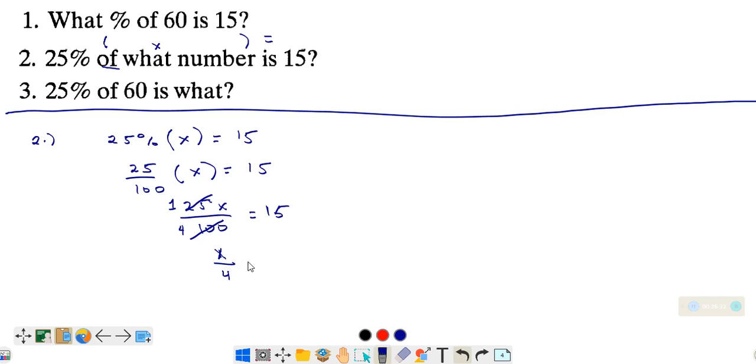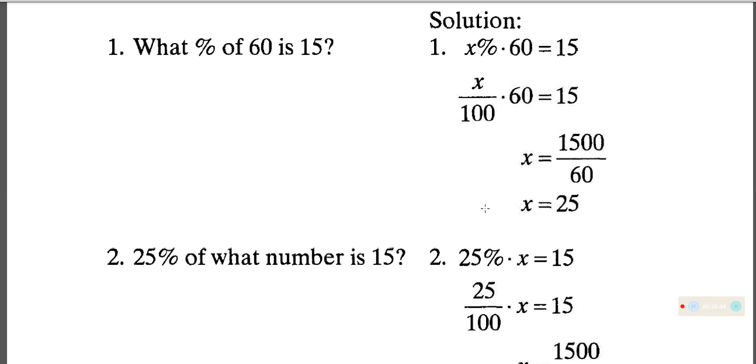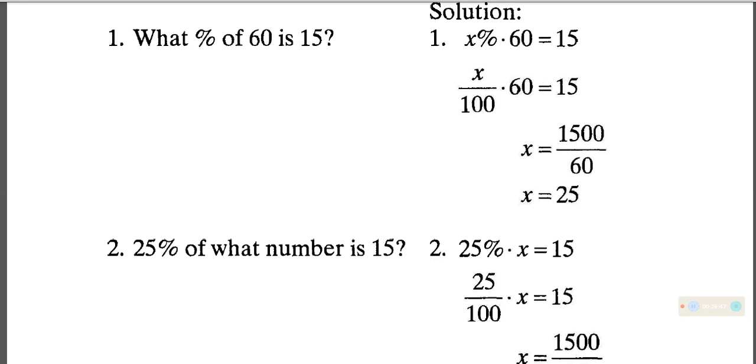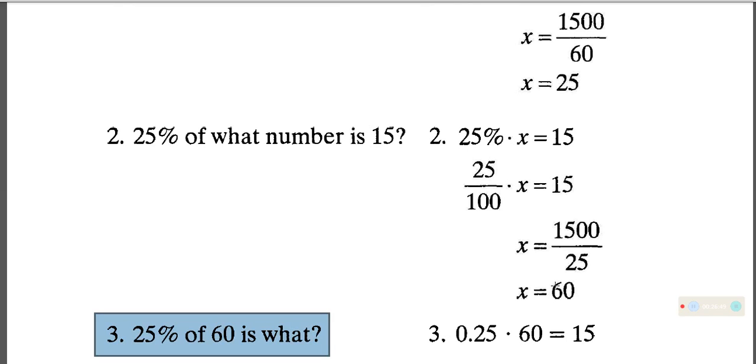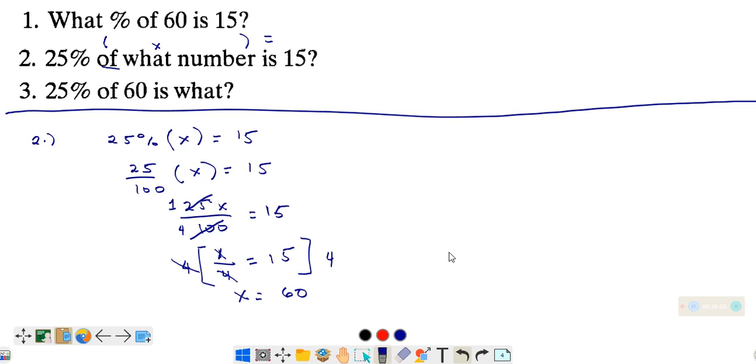So, kung ako yung magsasagot nito, diretso, ilo-lowest term ko na siya. So, ito ay 1 na lang, tapos ito ay 4. Pwede mo siya isulat as x over 4 or 1/4 x is equal to 15. Multiply both sides by 4. X is equal to 60.